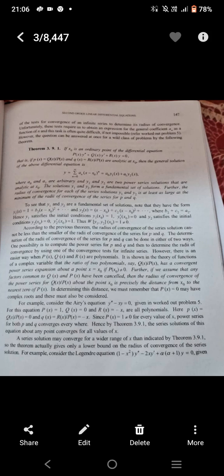A series solution may converge for a wider range of x than indicated by our theorem. So the theorem actually gives only a lower bound of the radius of convergence of the series solutions. For example, consider the Legendre equation, that is (1 - x^2) y'' - 2xy' + alpha(alpha + 1) y = 0, given in worked out problem 2.